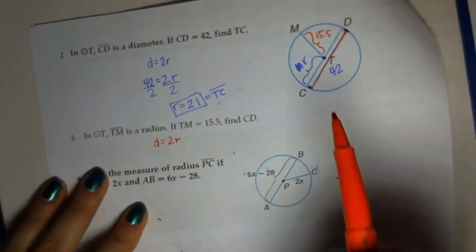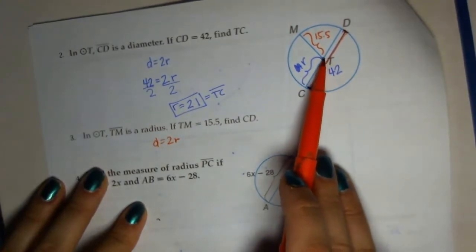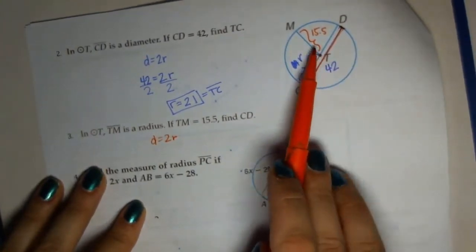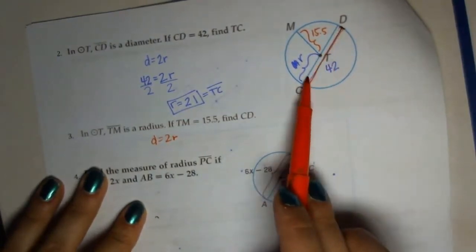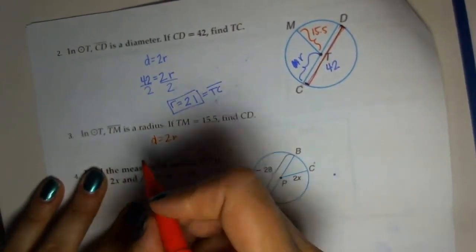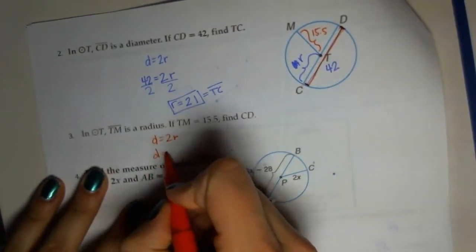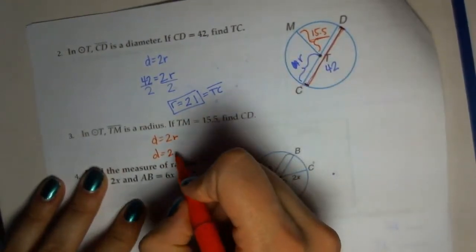And we know the theorem, all radii are congruent. So whatever this is going to be the same as this and the same as this. And we know diameter is just 2 radii combined. Okay? So I have diameter I don't know, 2, and I'm given 15.5.